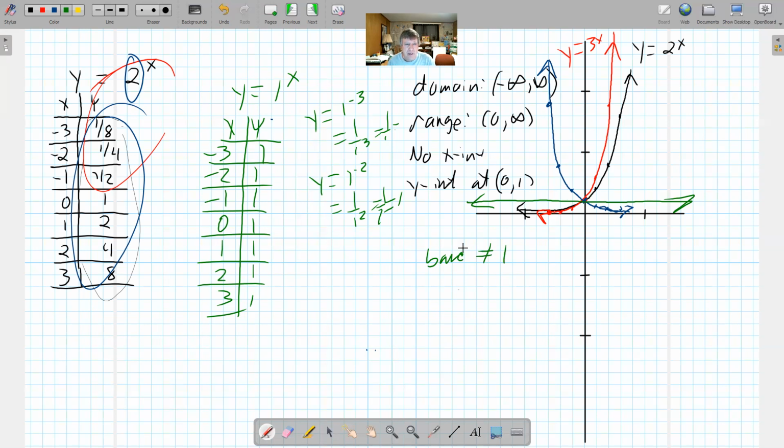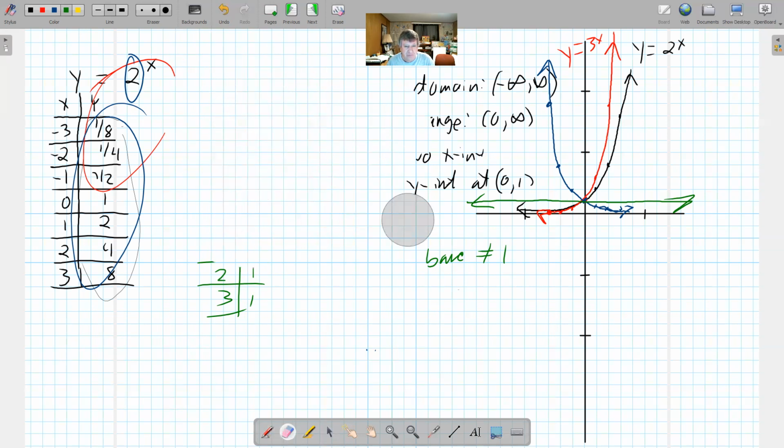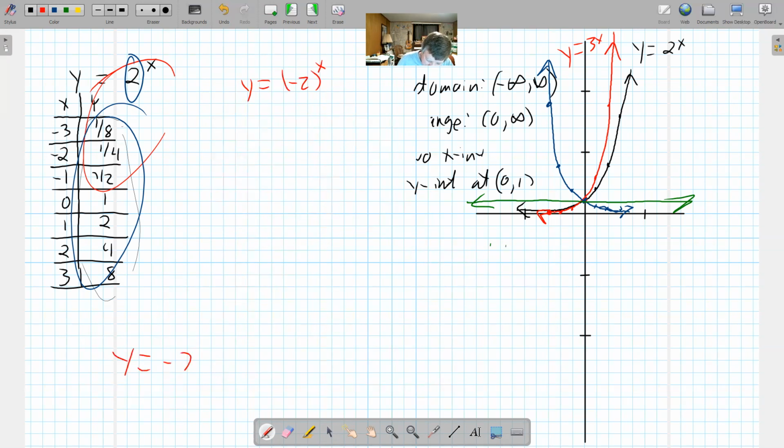Okay. Now, what if the base is negative? What happens then? Let's go back to red. y equals, how about -2 to the x? Now, don't confuse that with this. Here the base is 2.